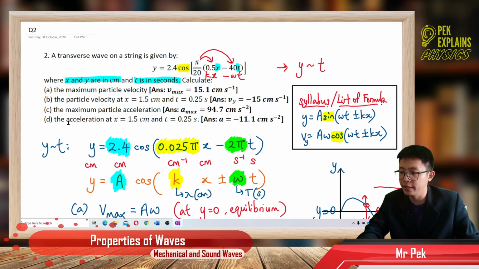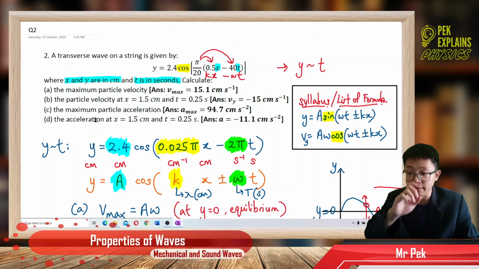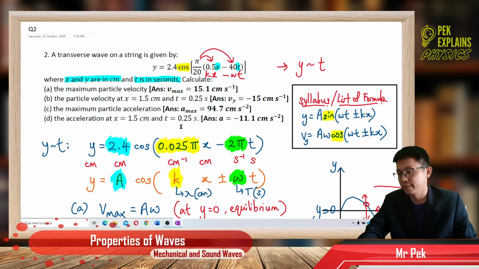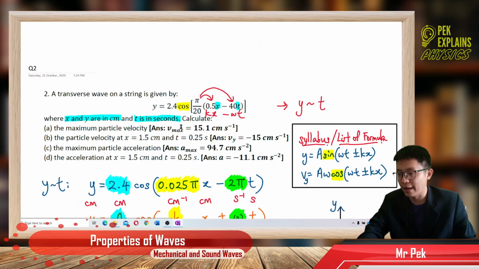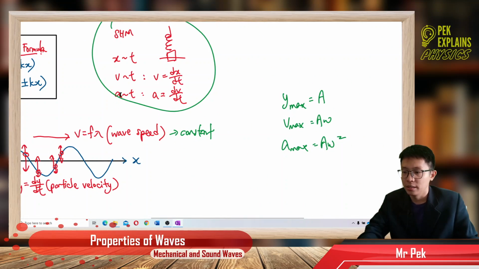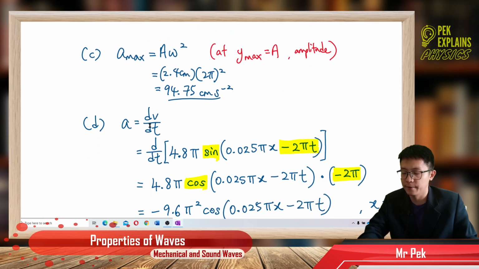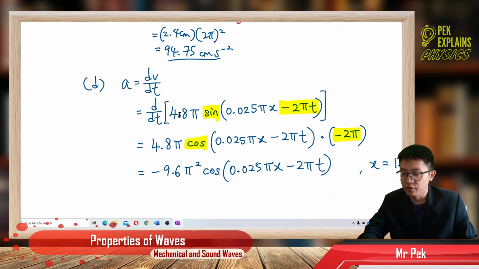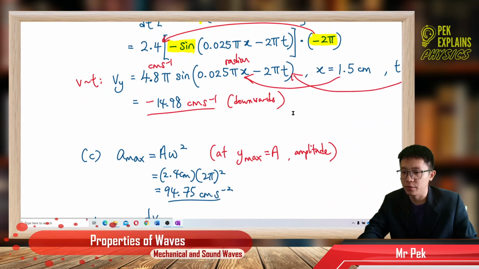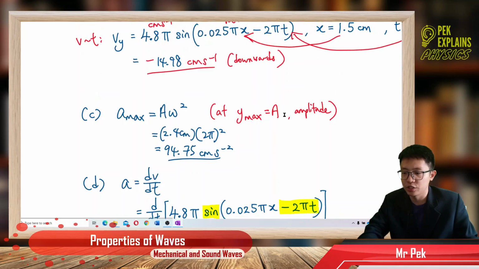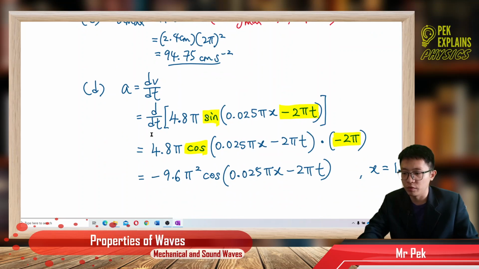Now I want to find the particle acceleration for this particle at this position, 1.5 cm, at this time. That means I need to differentiate again. A equals dv dt, so I differentiate the velocity equation with time.